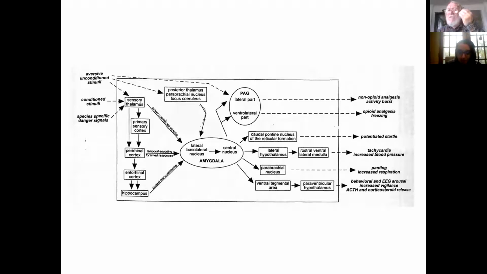Literally 15 to 20 years later, I started to read the work of Richard Bandler in Australia, who basically demonstrated that different parts of the dorsolateral PAG, the rostral part of the ventrolateral PAG, were involved in fighting behavior and were primarily glutamatergic.